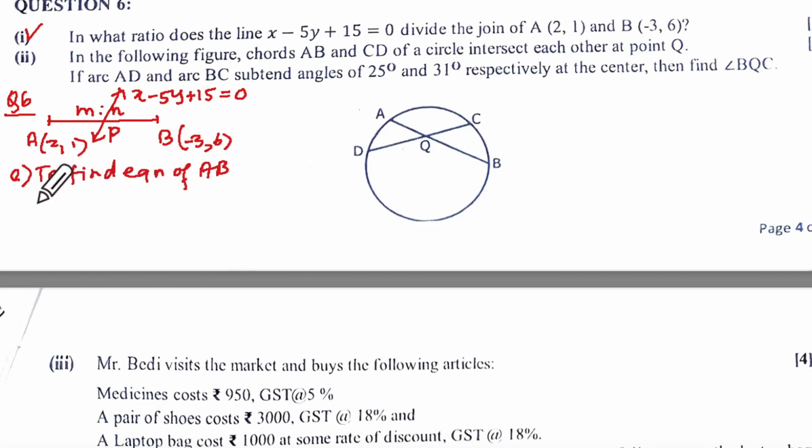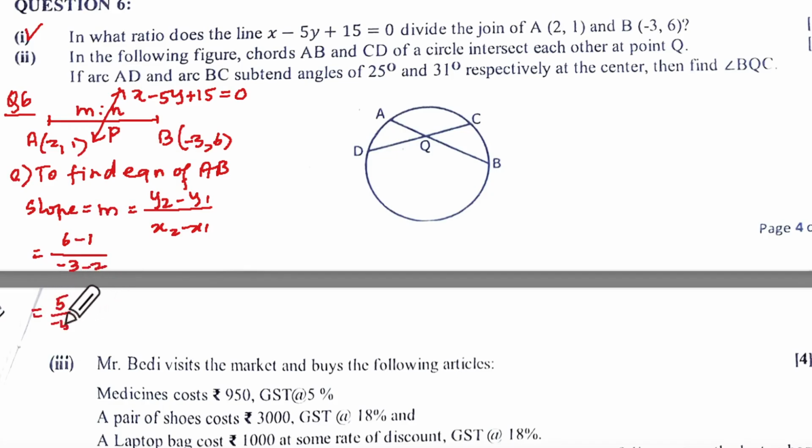Okay, so I'm going to say slope is going to be equal to m, which is equal to what? y2 minus y1 upon x2 minus x1. That is going to give us y2 minus y1 means 6 minus 1, and x2 minus x1 means minus 3 minus 2. And how much am I getting? Minus 1. Very good.